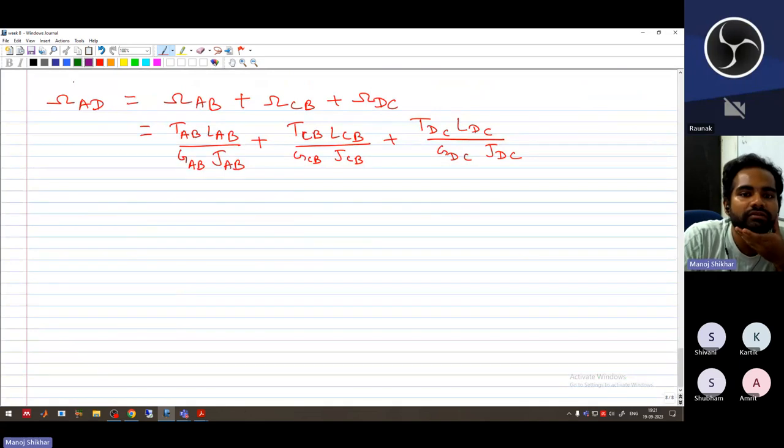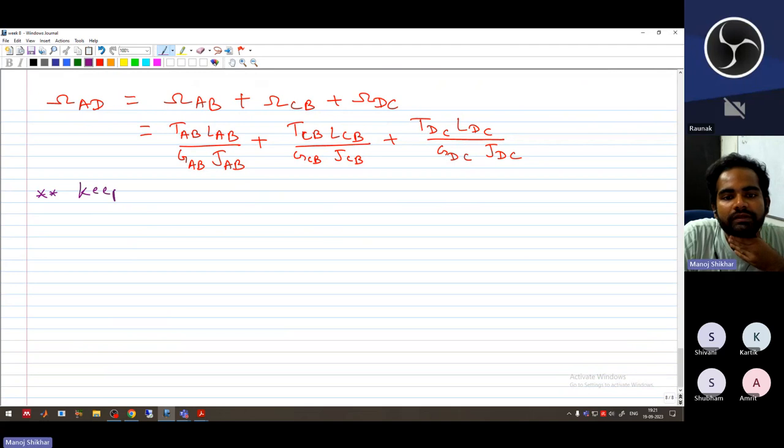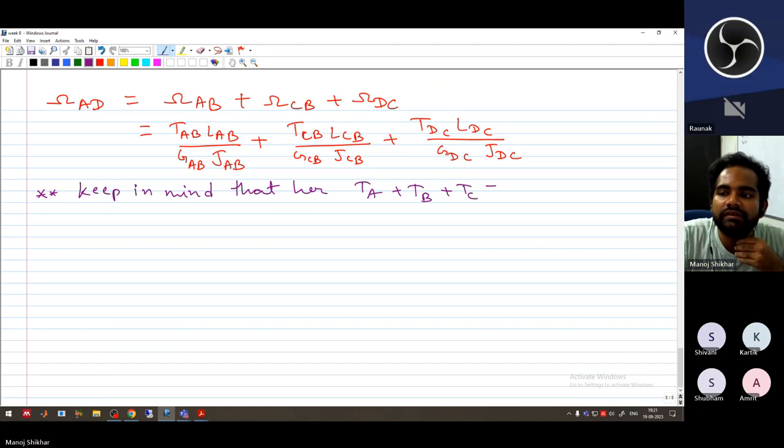I will write a note here. Keep in mind that here TA plus TB plus TC plus TD equal to 0. That is static case.